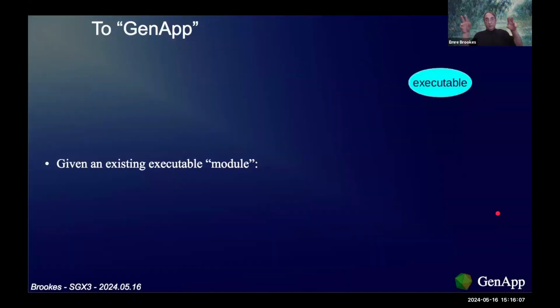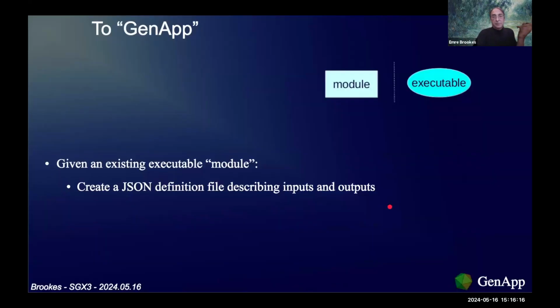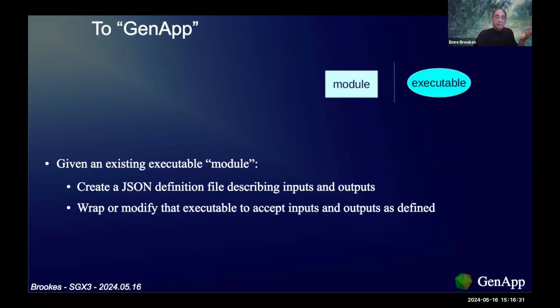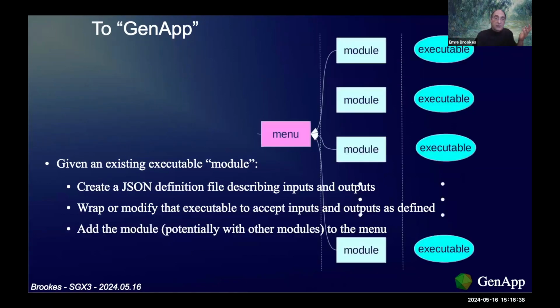So GenApp, the term we've come to use, is you just take an existing executable module, and then you create definition files, in JSON is what we chose. I guess YAML was another option. They seem to be somewhat interchangeable, but JSON was what we did. That describes the inputs and the outputs. Then they have to wrap or modify that executable to accept inputs and outputs as they defined.